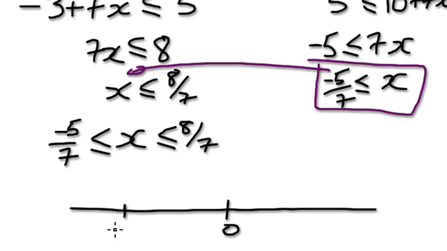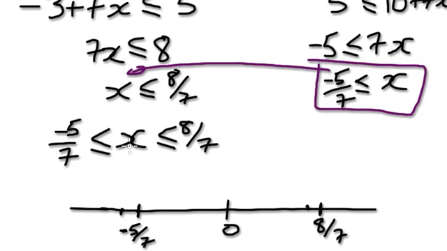This number here is less than 1. So let's imagine this as being 1, but we don't need to know that. So 1, let's say, is around here. Minus 5 over 7 is here, and this number here is slightly bigger than 1. So slightly bigger than 1 here. So it's 8 over 7.